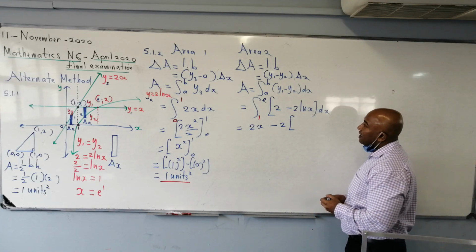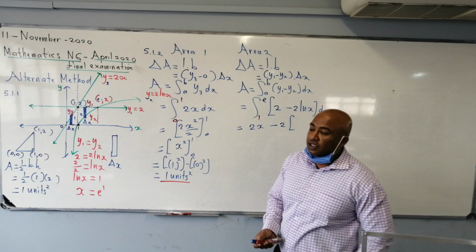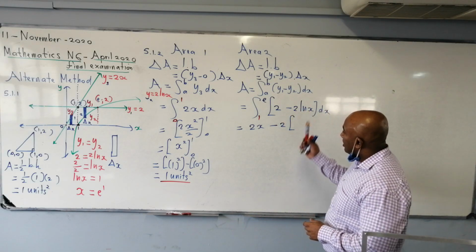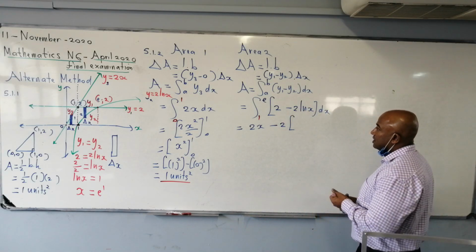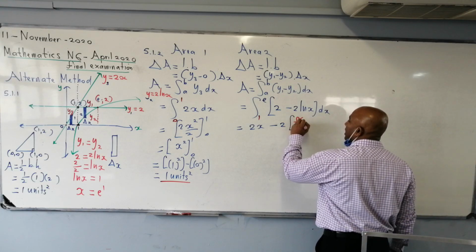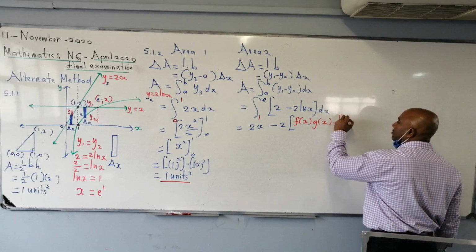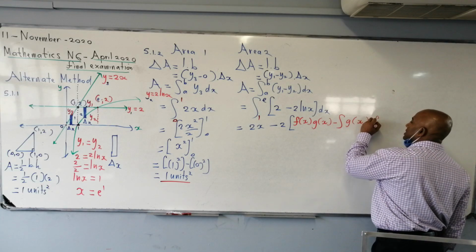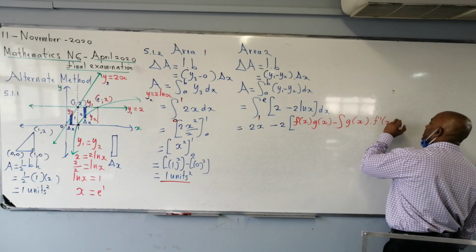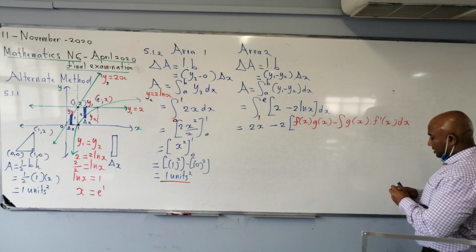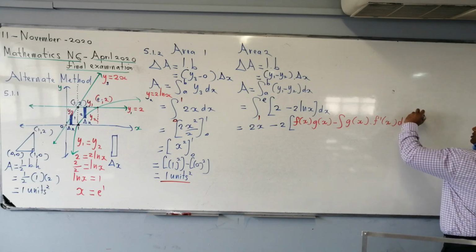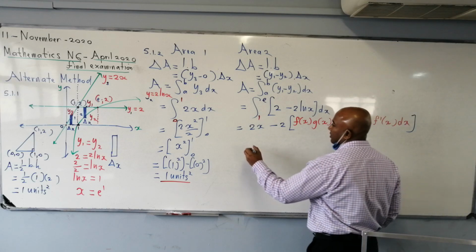When you integrate ln x, if you refer to yesterday's problem, remember this is going to be integration by parts. So this will be f of x, g of x minus the integral of g of x times f prime x dx. So let's see what happens here.